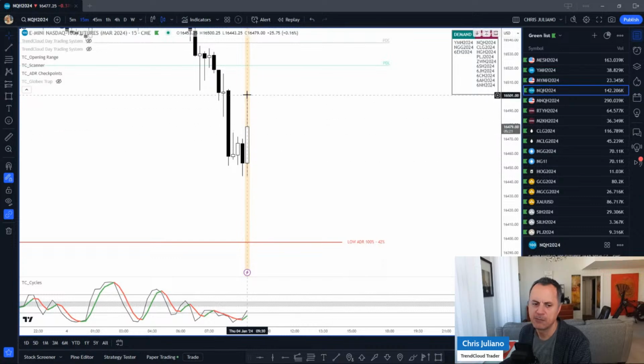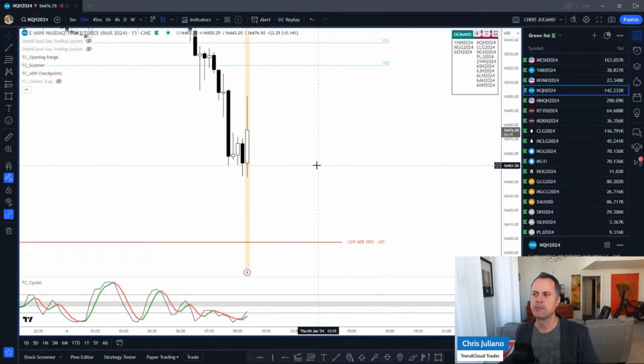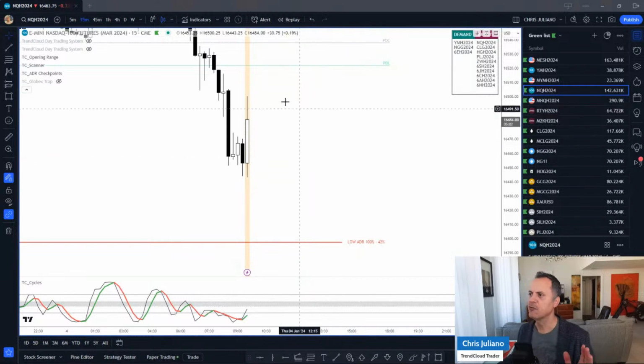This is the 15-minute candle, and it's going to box that out automatically, right? So we don't have to draw lines manually on our charts anymore, especially if you have that TrendCloud system. You won't have to draw any of the lines anymore, okay? So everything is going to get boxed out on your chart automatically.